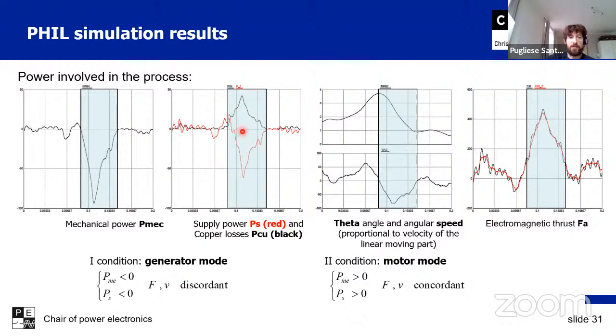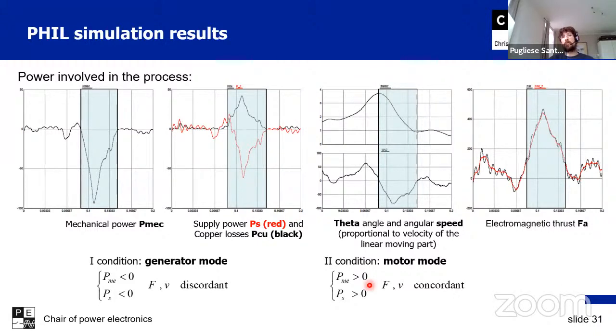In this slide a case is shown where we are in regeneration mode. Of course, from the maximum mechanical power that we can extract from the road, we have to remove the mechanical losses due to the passive part, and the electrical losses, which are the copper losses. When we remove all of that, the remaining part is what we can regenerate.